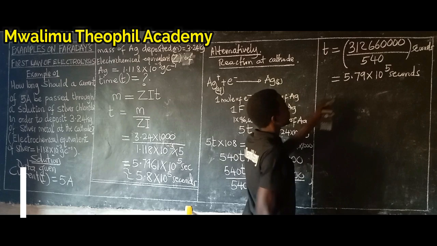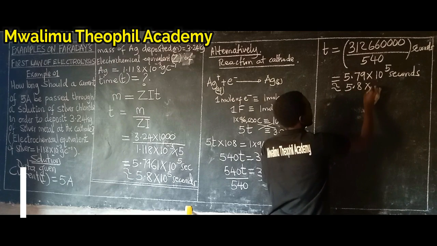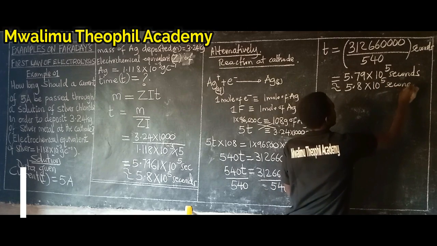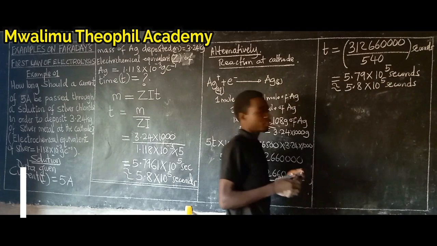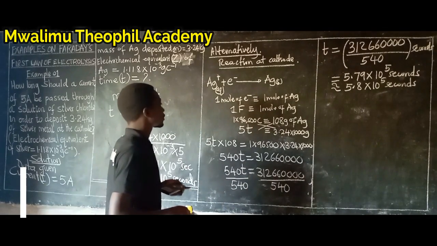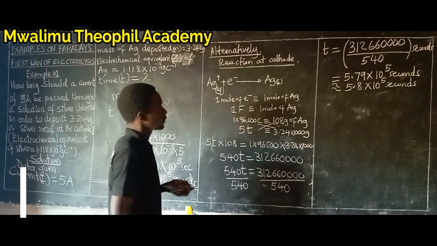When you approximate this, you get 5.8 times 10 raised to 5 seconds. Now you can find that the answers are the same. The answer which you obtained in the first approach is the same as when we used the balanced chemical equation.